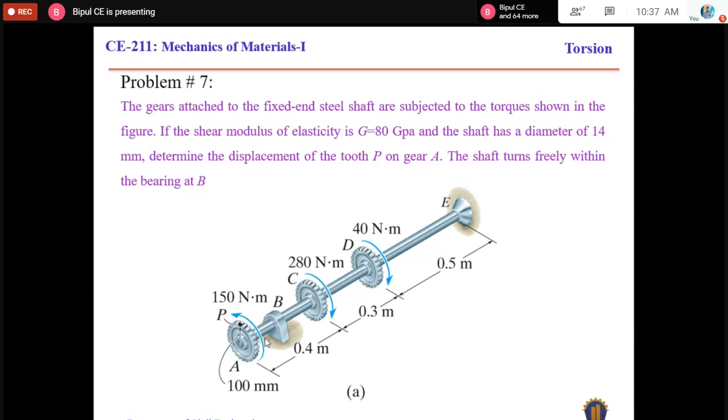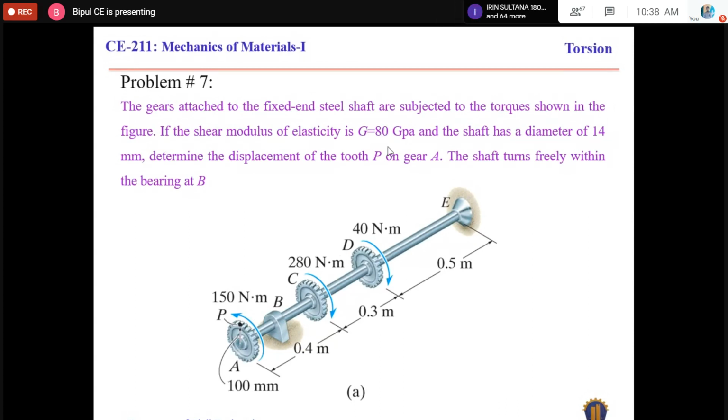Frictionless support means if you rotate this shaft, no shear stress or frictional stress will be developed at support B.